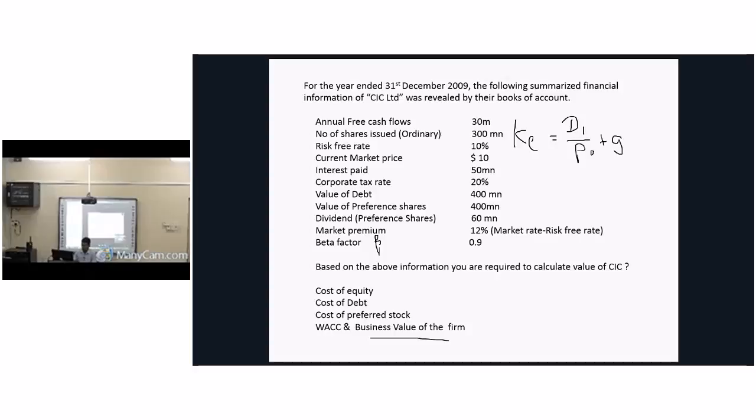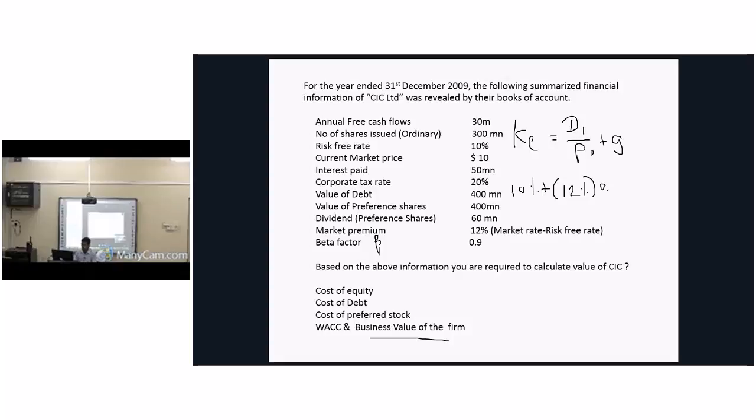So we have the risk-free rate, and the risk-free rate is 10%, and the market premium is there, that is 12%. So we don't need to calculate it again because 12% is already given, that is market rate minus risk-free rate, right? We have the beta factor, that is 0.9.